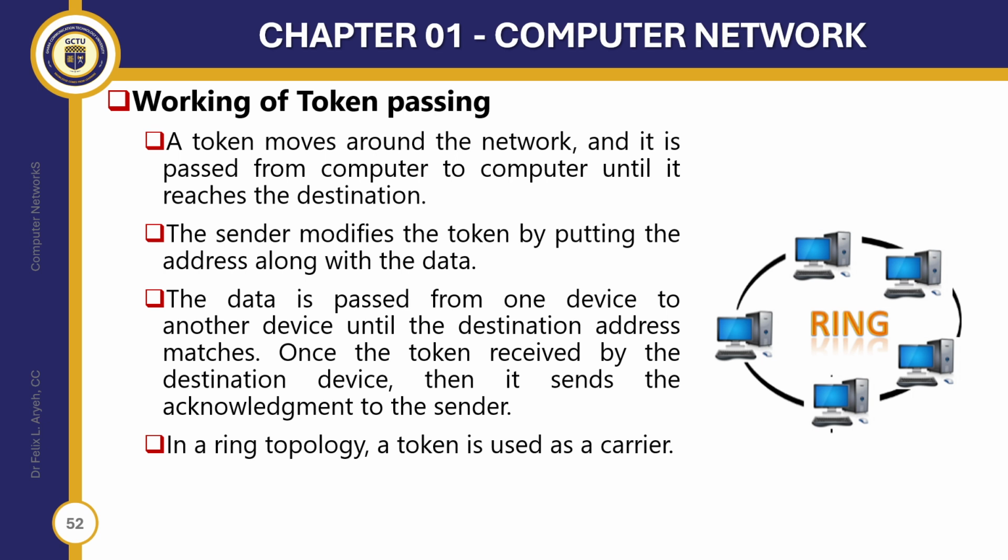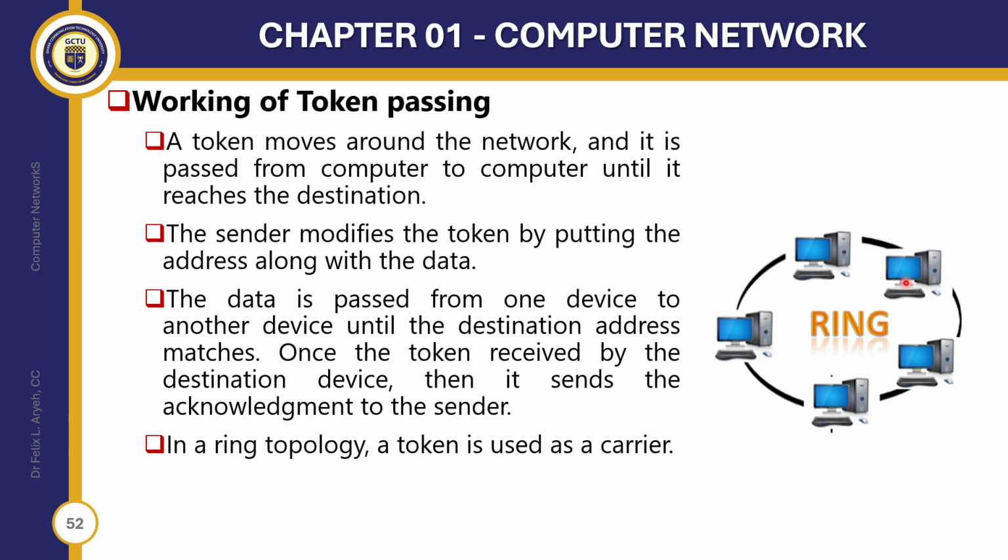The sender modifies the token by putting the address along with the data that it wants to send. The data is passed from one device to the other until the destination address matches.